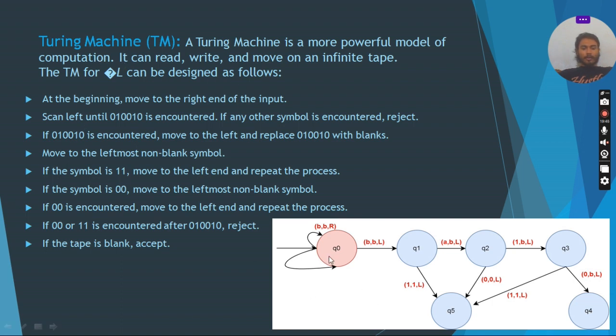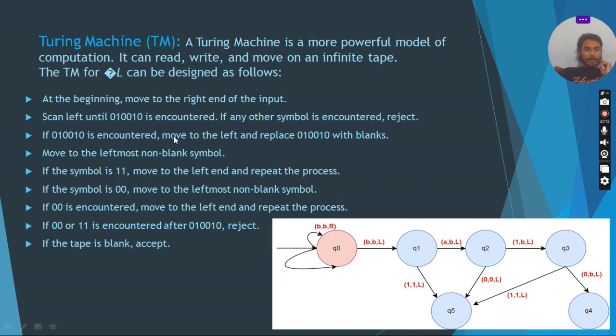If we have the state Q naught, these are the moves: right, left. At the beginning, move to the right end of the input, then scan left until 010010 is encountered.